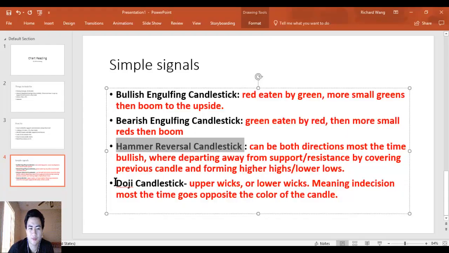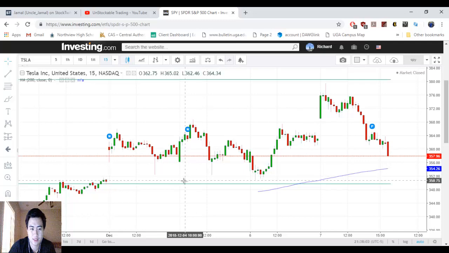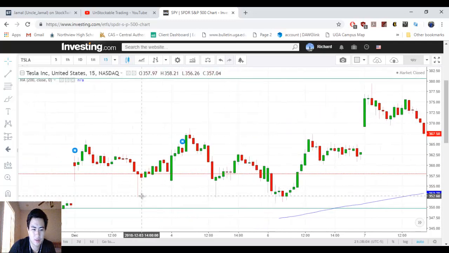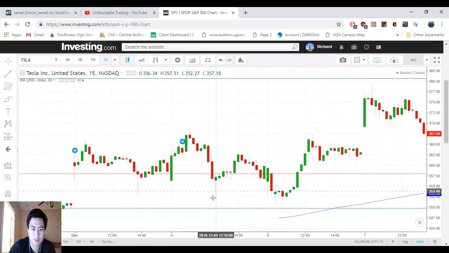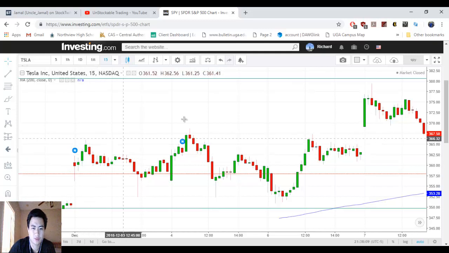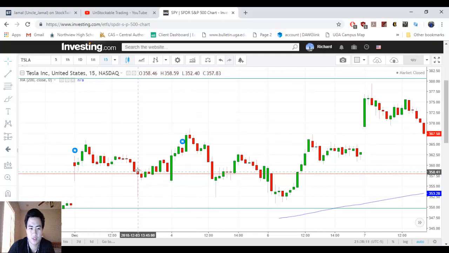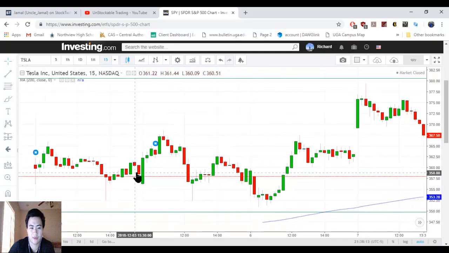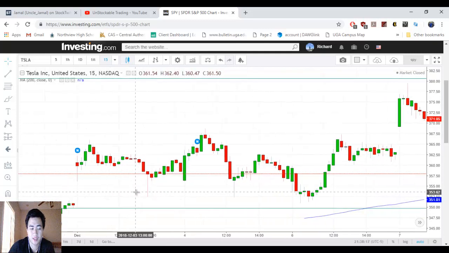And then we have the Doji candlestick, which is a bearish candlestick. This thing is very easy to understand because we just look at the wicks. So right here, these are the wicks. So what does it mean? It means that price shoots up, goes all the way down, and then recovers really fast. And this is a sign of either bearish or bullish.